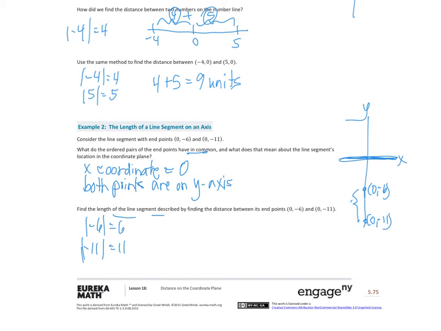So I'm going to take that 11 and subtract the 6, and that equals 5. So the distance between (0, -6) and (0, -11) is a total of 5 units. If I had grid paper, this would totally show up. We could shade in the distance.